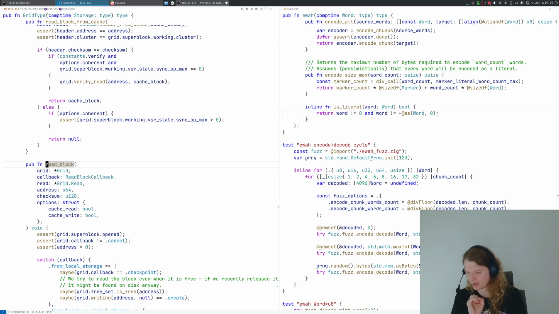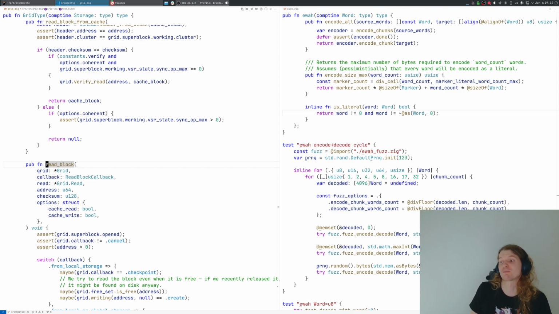The second complication of the FreeSet is that we want to allow its concurrent usage. We want multiple concurrent processes to be able to use the FreeSet simultaneously and allocate their blocks in parallel. At the same time, we want to guarantee that the actual allocation is going to be deterministic, which is a very hard problem to square.